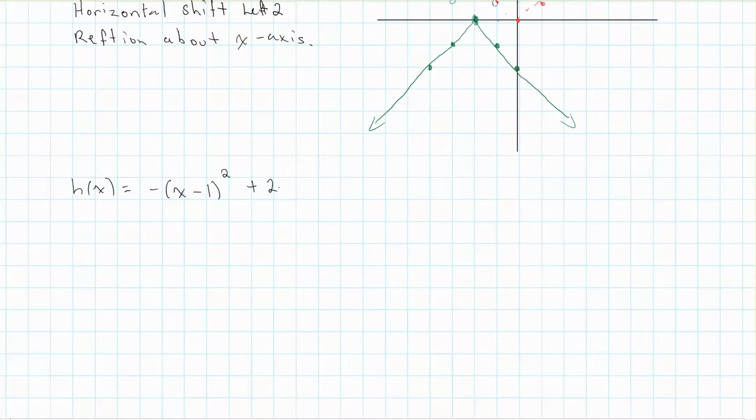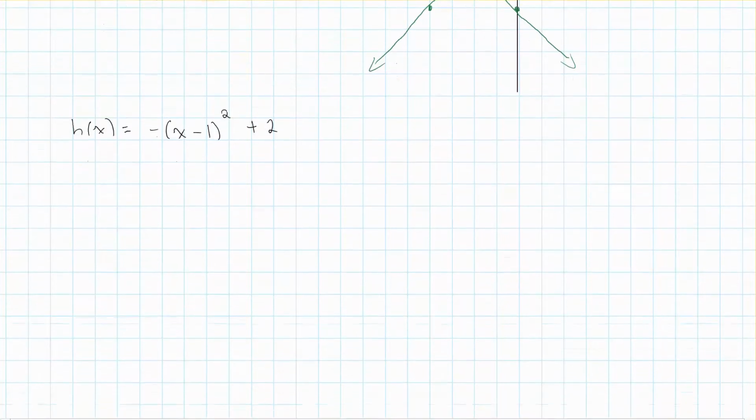We'll do another graph here in a second. We'll do a very similar problem, because it very much matters the order that you do your transformations in. And this example plus the next one will illustrate that.